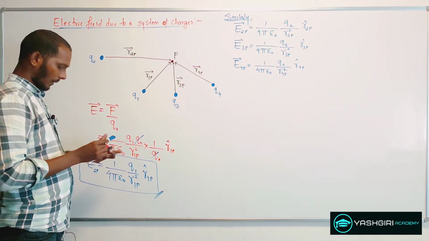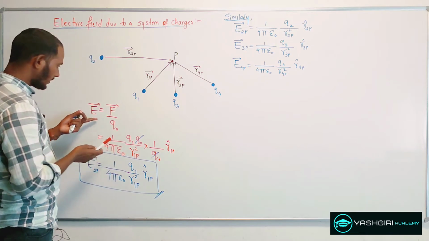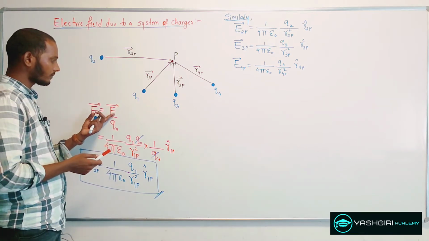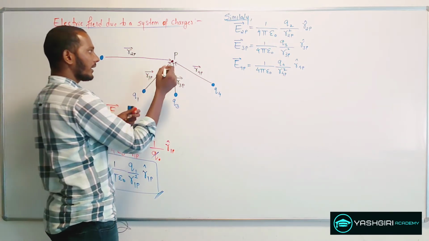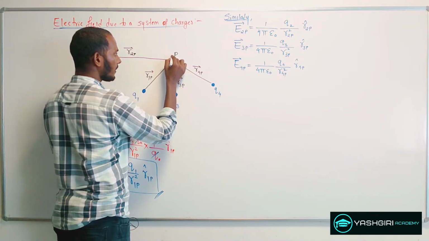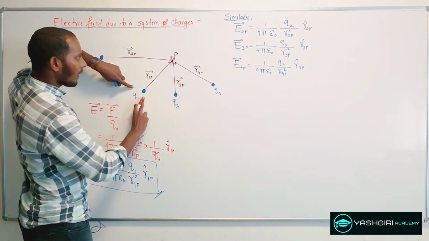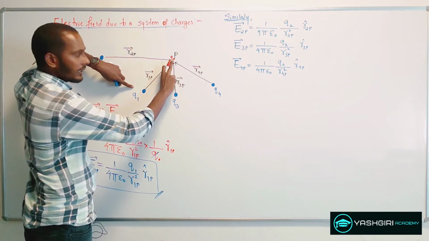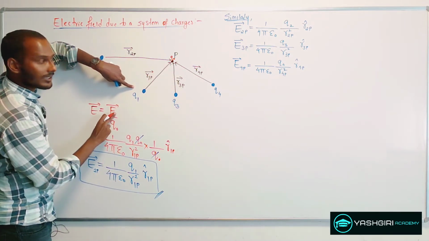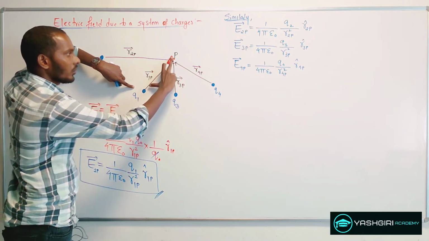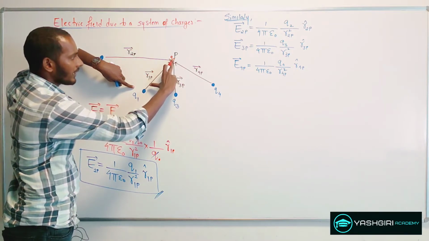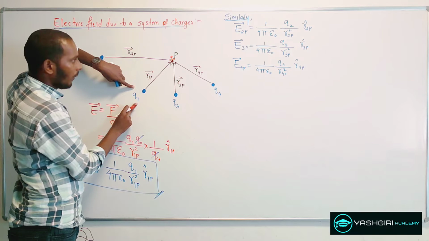Now here, when I took this case, suppose you are considering a unit test charge being placed at a point P. Now when I see this Q1 and Q0, yes, there is an electrostatic force between them. Q0 is going to experience some electrostatic force due to this charge Q1.